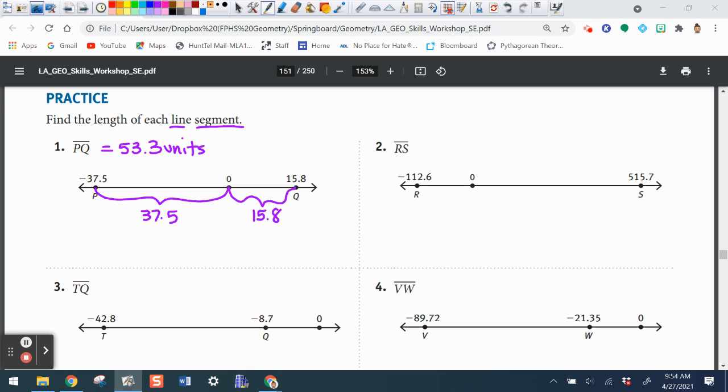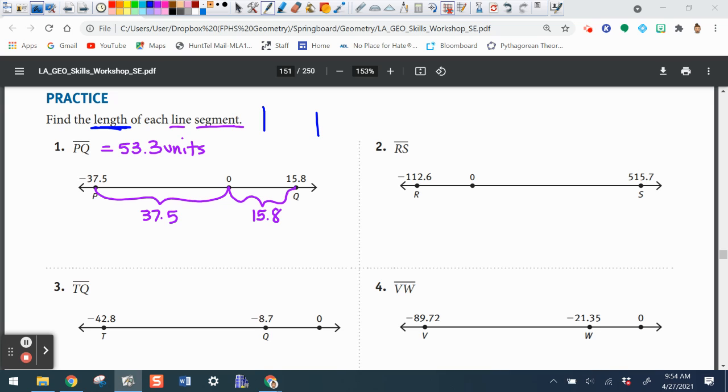The other way to approach it, and I'll show that here on example 1, is to utilize absolute value. That's these bars that you'll see around a set of numbers. And what absolute value really means is how far is that number from 0? Well, how far is a distance question. So still talking about the length of a line segment. When finding the distance between two numbers on the number line, or even in the coordinate plane, we use subtraction.